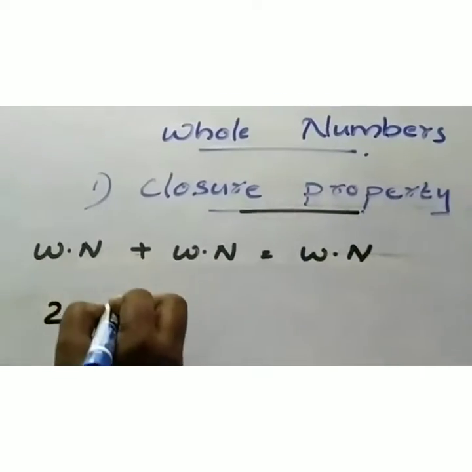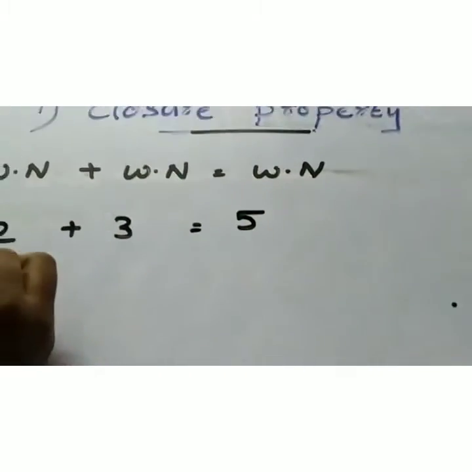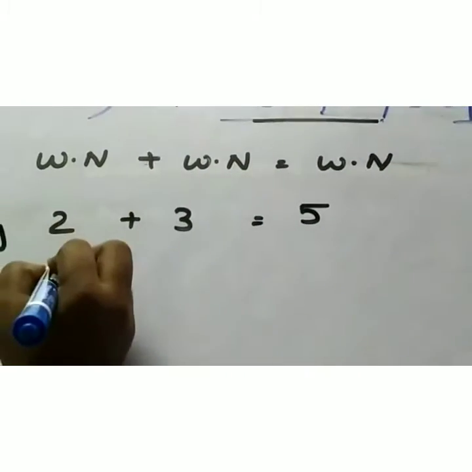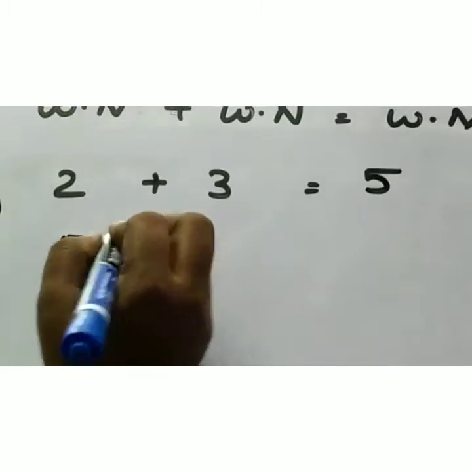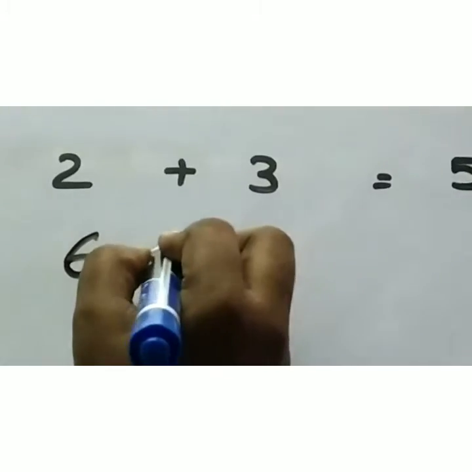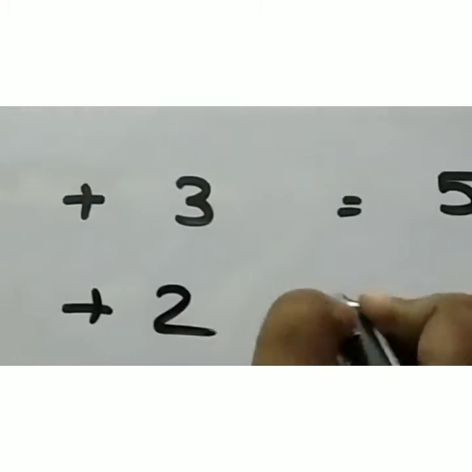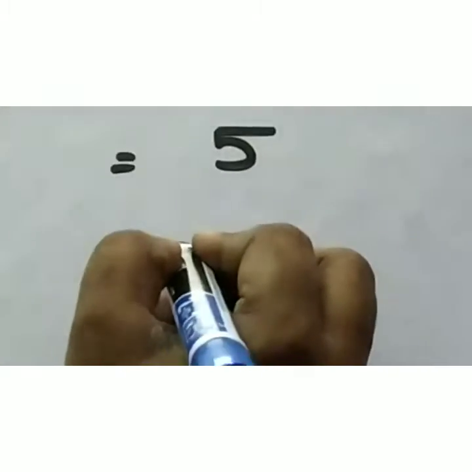For example, 2 is a whole number, then 3. The answer is 5. One more example: 5, then 6, another whole number. 6 plus 2 is 8. 8 is a whole number.